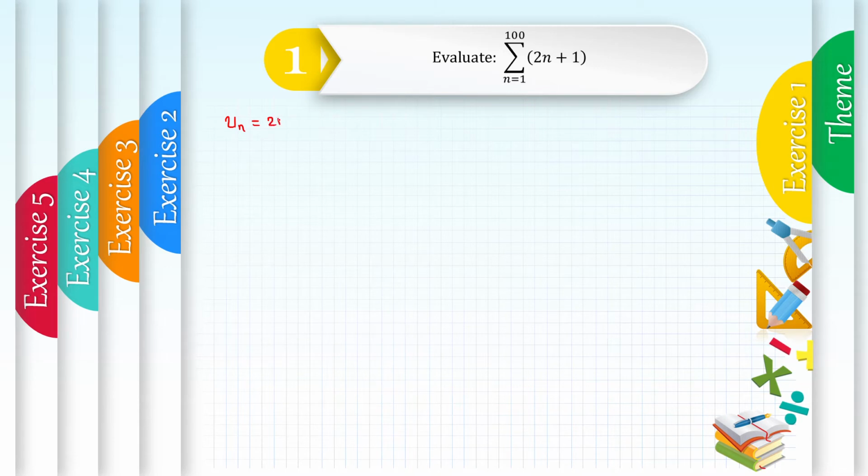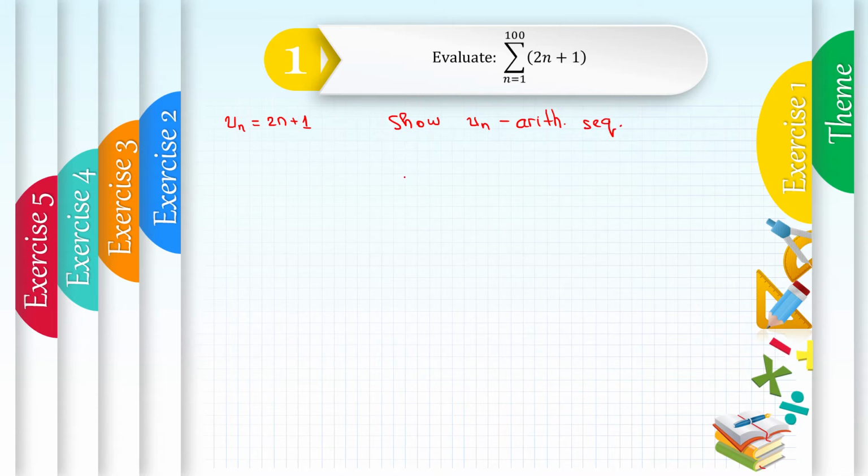So u sub n equals 2n plus 1. Next, we will show that, in fact, u sub n is an arithmetic sequence. So it is an arithmetic sequence.